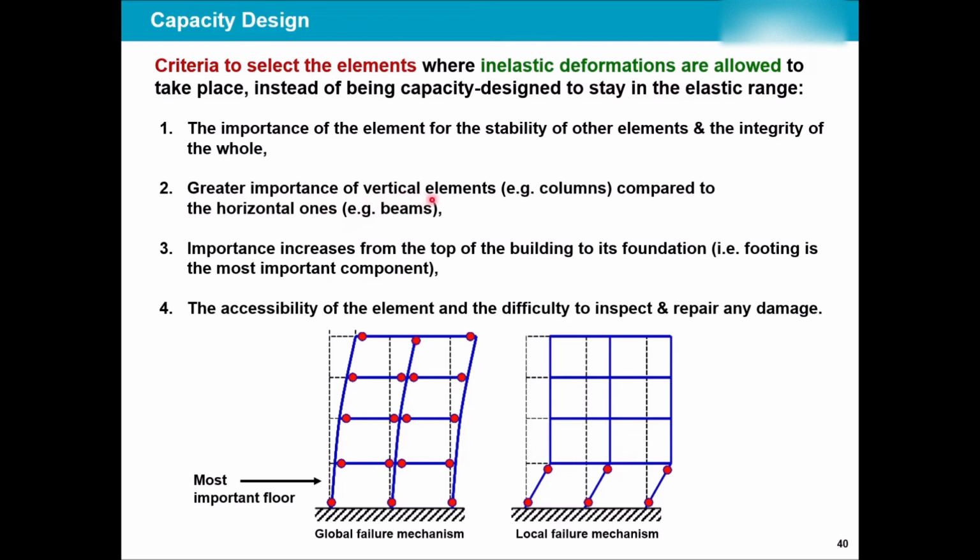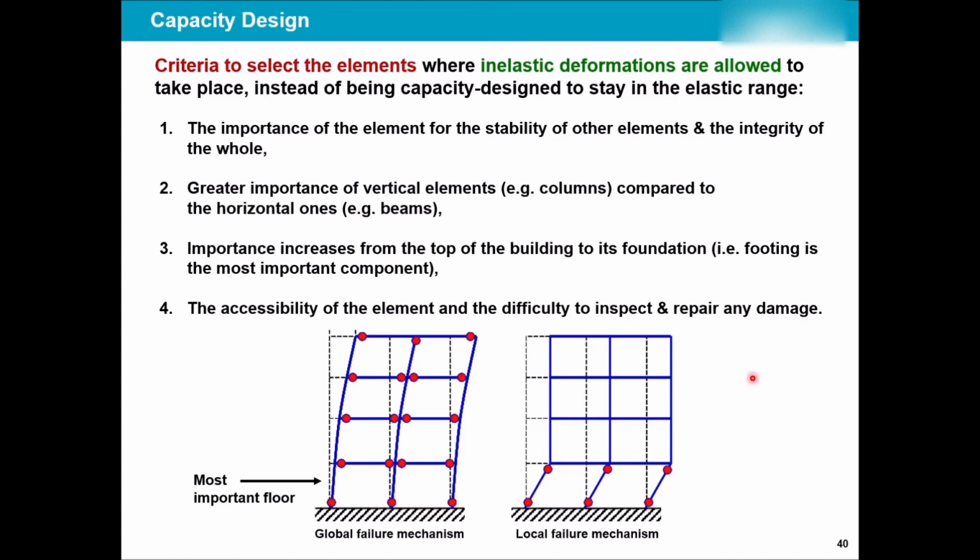Greater importance of vertical elements, columns, compared to the horizontal ones, beams. Yeah, as we knew it. Importance increases from the top of the building to its foundation. So the importance increases. That means that the bottom of the building is the most important component. The accessibility of the element, how I can access it, and the difficulty to inspect and repair any damage.